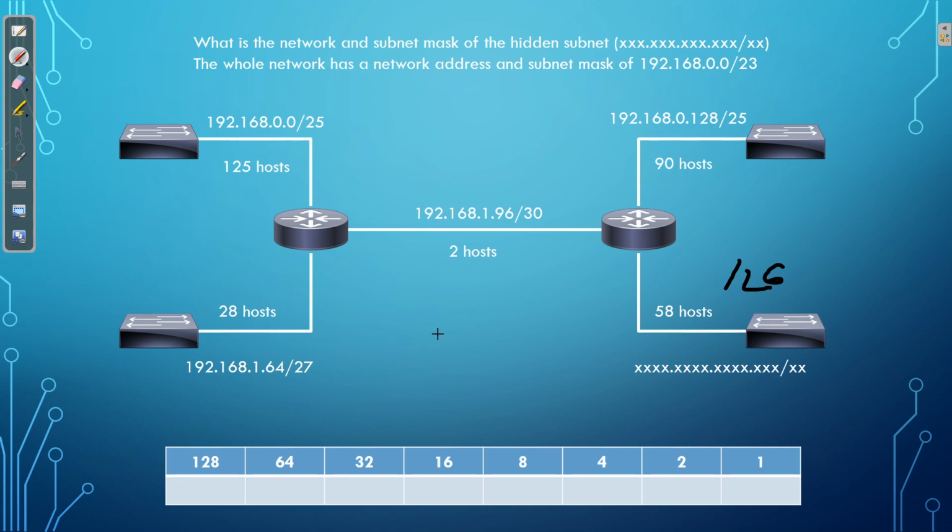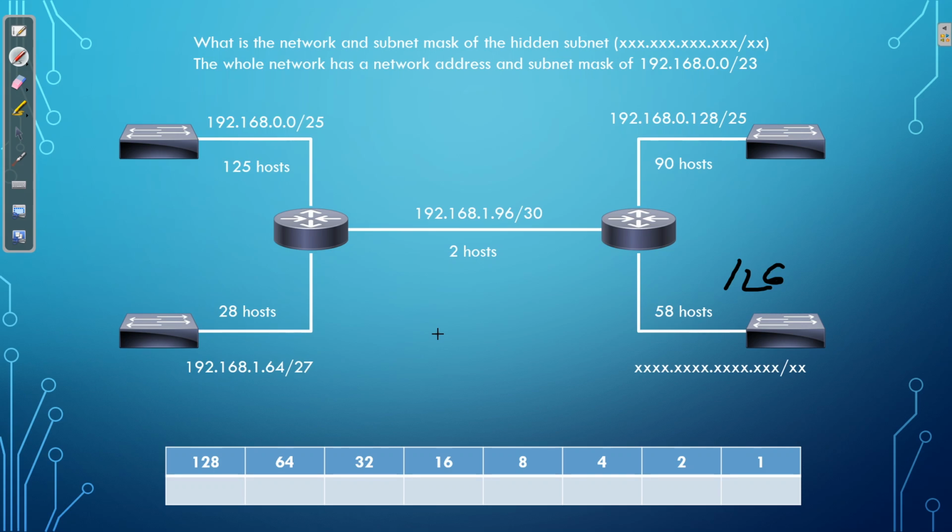Brilliant. Now, to work out my increment, I need to find out where my last binary one is and then put that subnet mask octet in binary into this chart down here. The subnet mask is broken down into 4 octets of binary bits. A /26 means that I've got 2 binary ones in the last octet followed by 6 binary zeros.